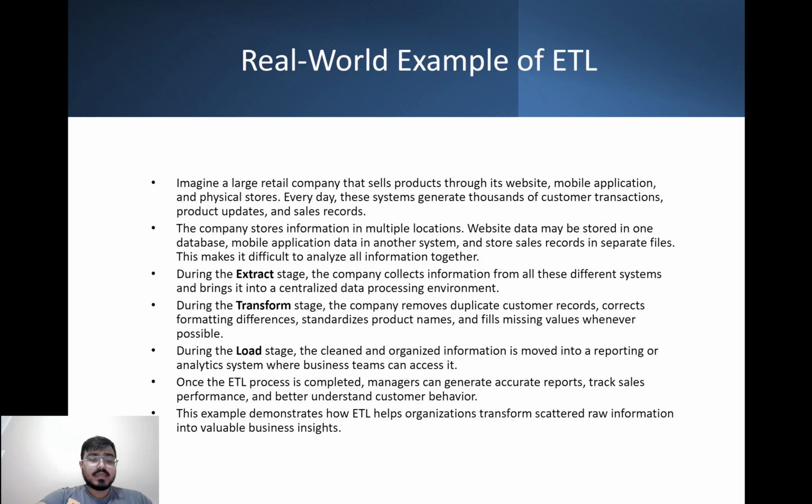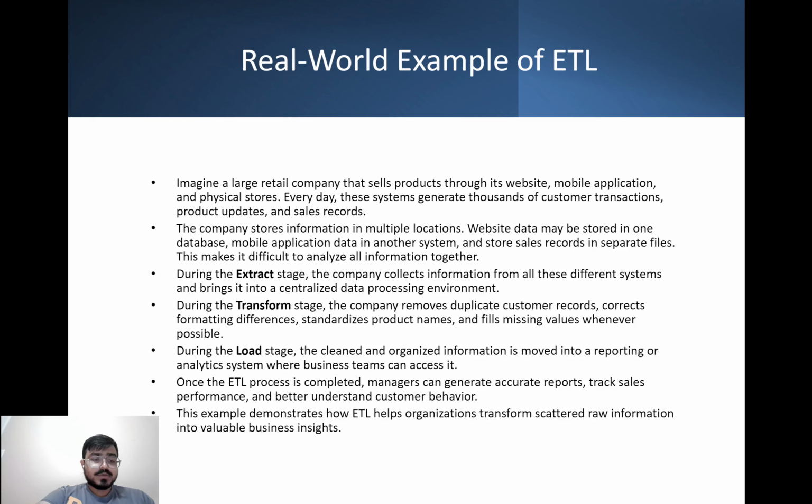This is where ETL becomes very useful. During the extract stage, the company collects information from all these different resources and brings it into one centralized location. During the transform stage, the company cleans and improves the information: duplicate customer records are removed, formatting differences are corrected, product names are standardized, and missing values are handled whenever possible.